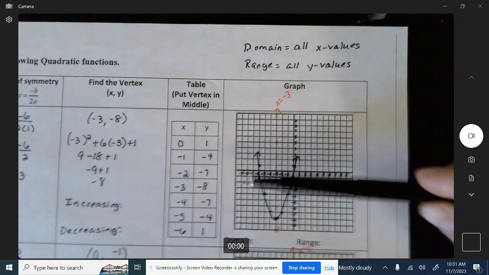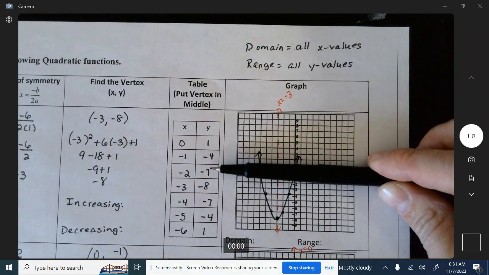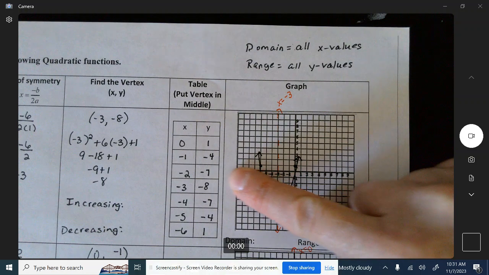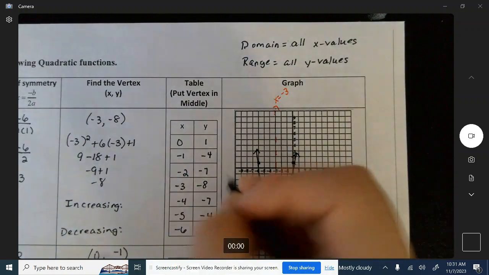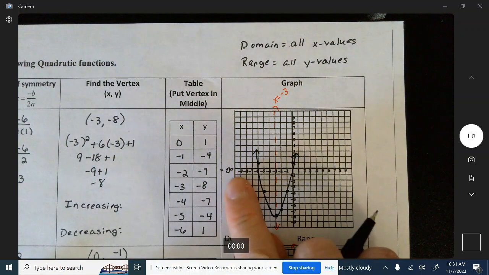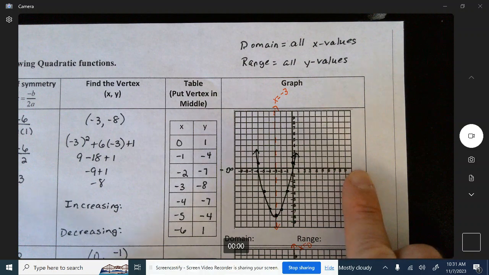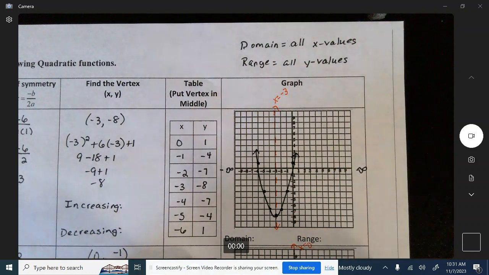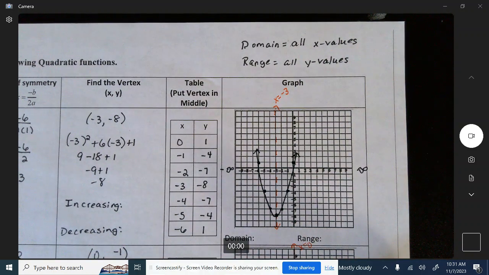Then for our x values, we could have any x value that goes this way, and all the way to the left, we have negative infinity. That's the infinity symbol. We talked about that when we did interval notation. And all the way to the right is this symbol, which is positive infinity, okay?